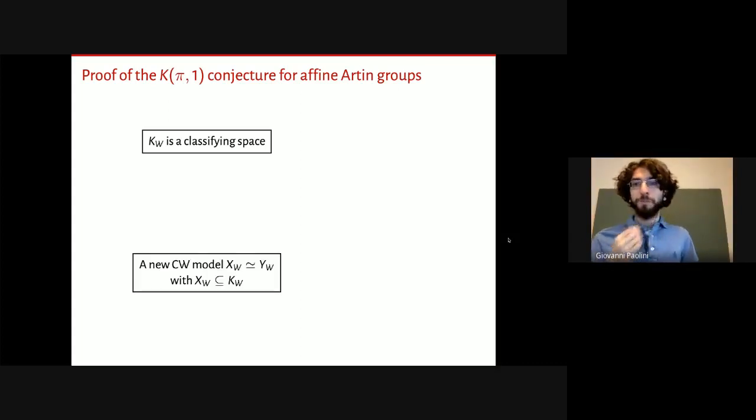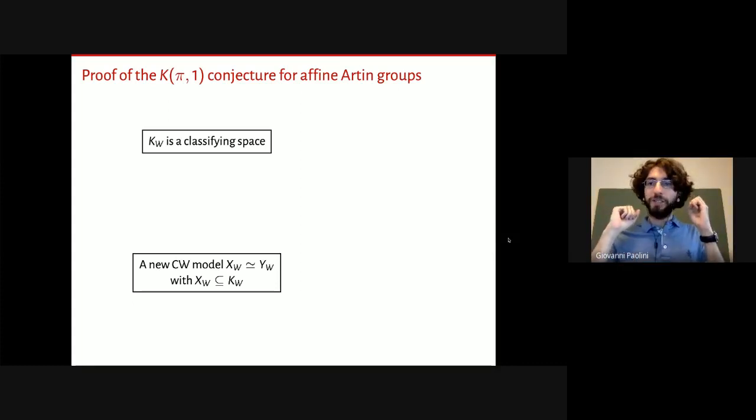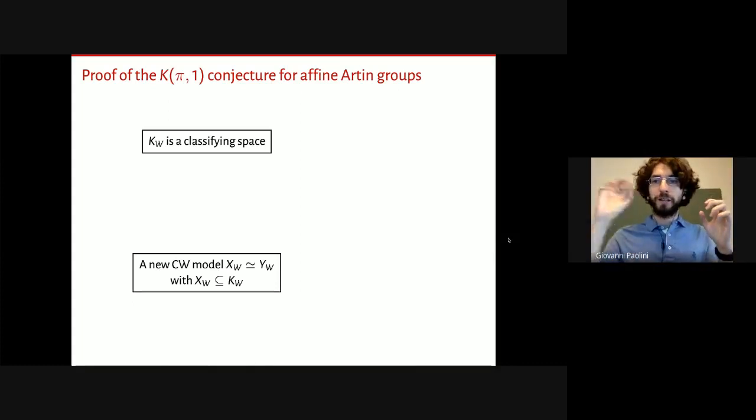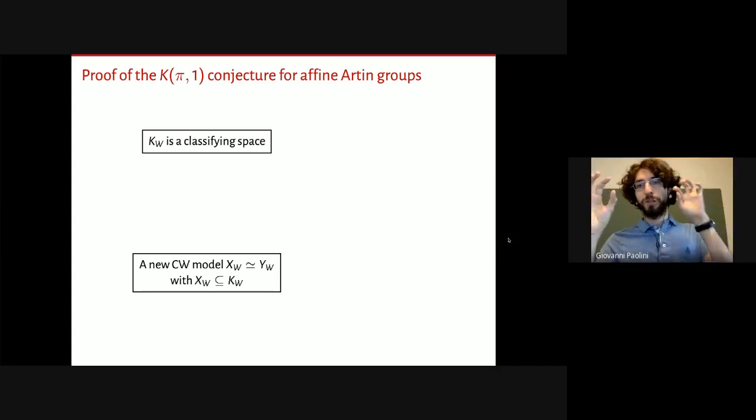The second step was, since we now need to relate the classifying space that we have with the configuration space YW, which we are interested in, we need to relate these two spaces.